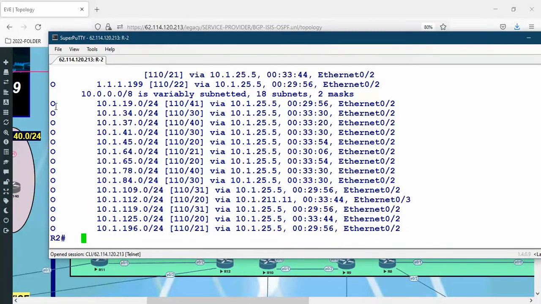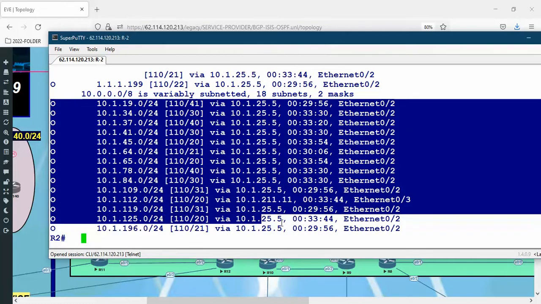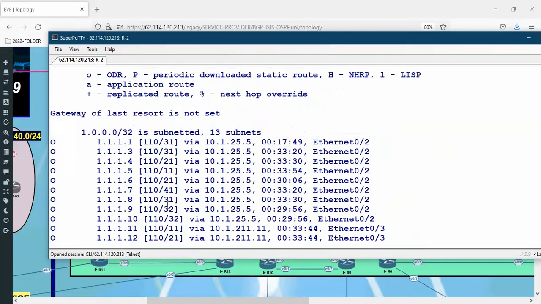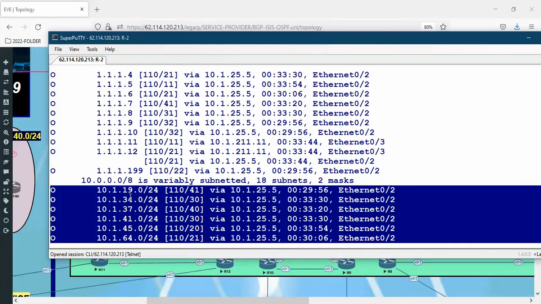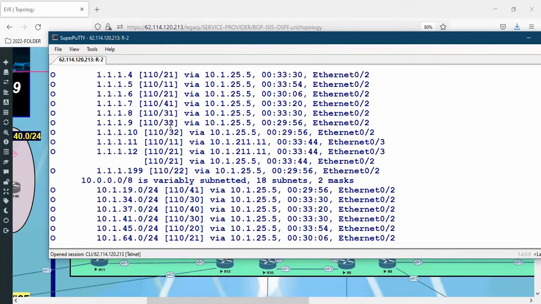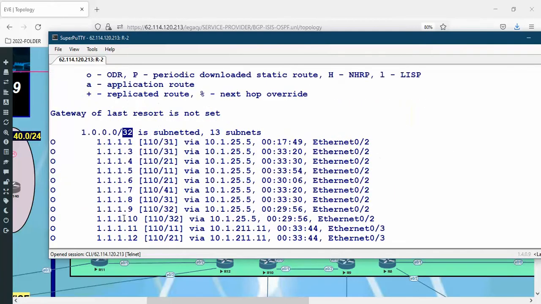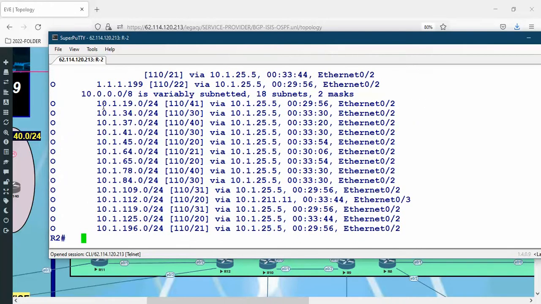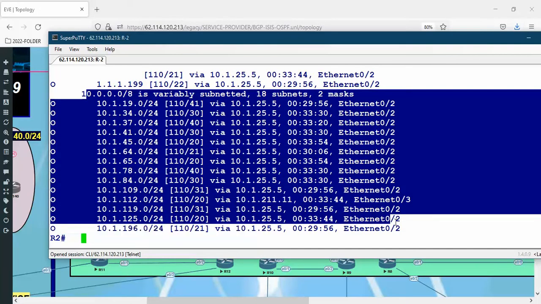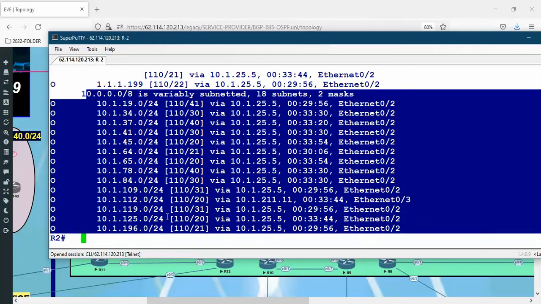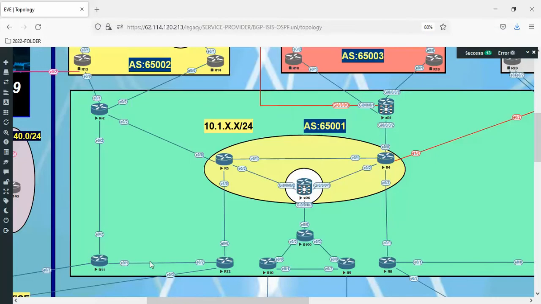Plus all these networks. This is /24, and what is this? This is /32, the loopback. So they are all a transit link. This is called a transit link.